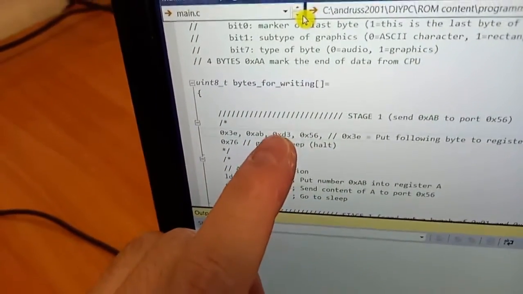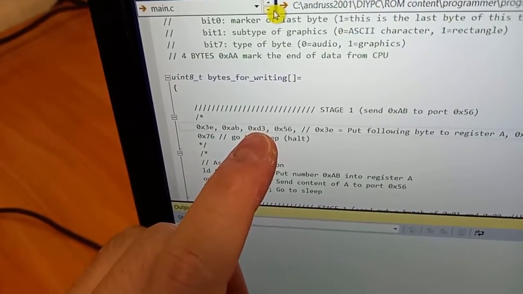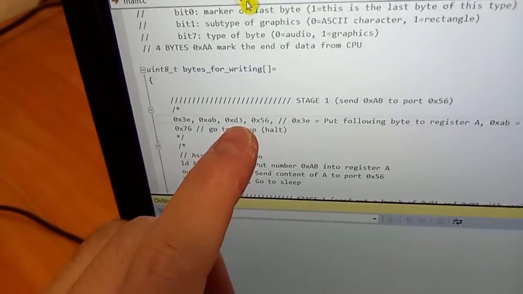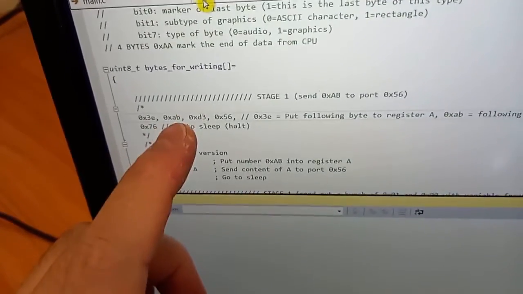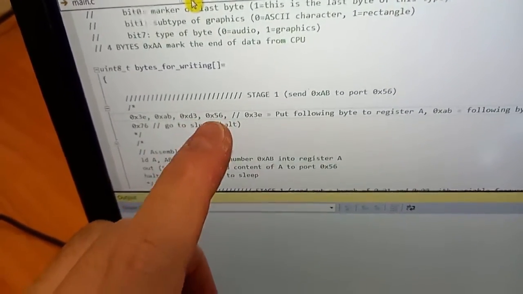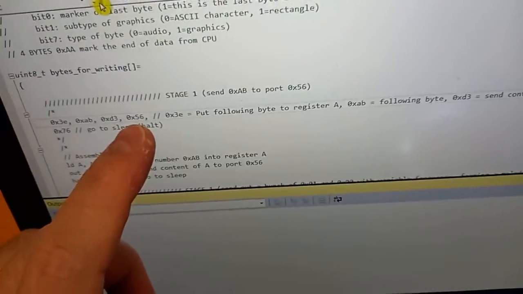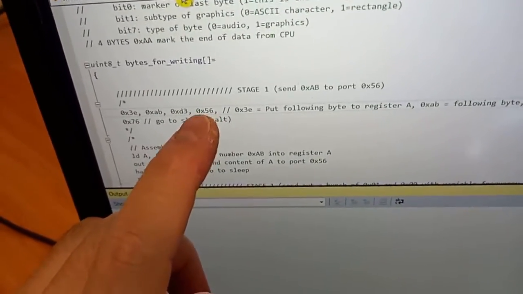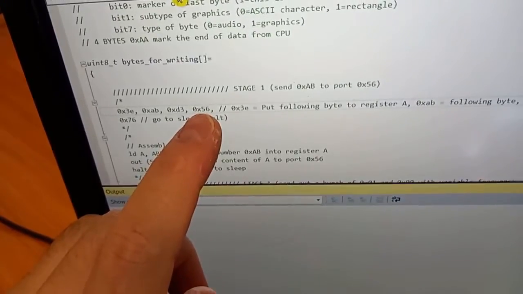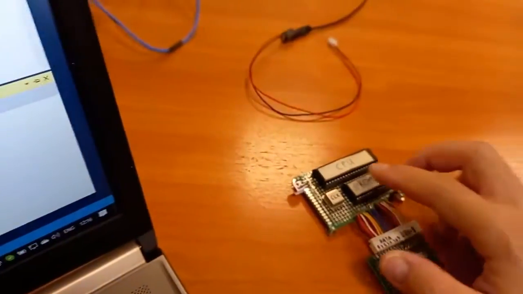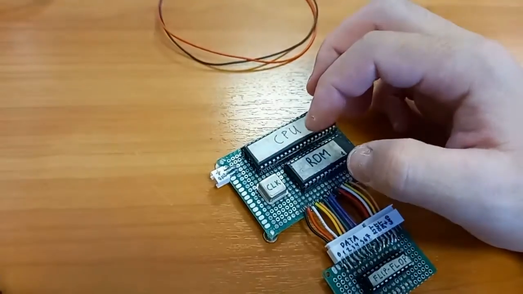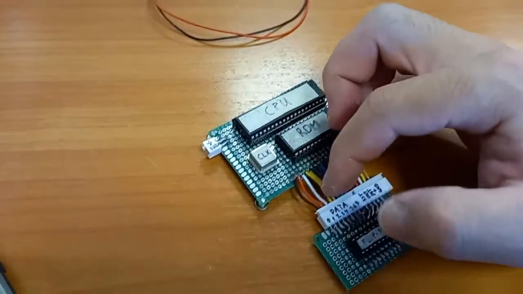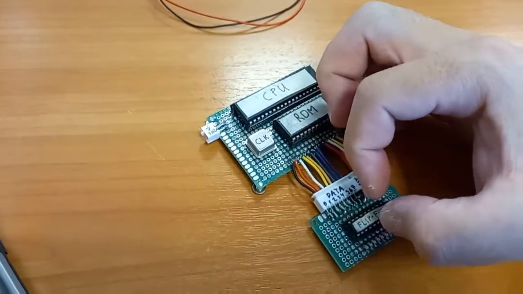The CPU did this, and the next instruction was output to the data bus the content of the register A, that is AB, and put to the address bus, that we didn't use anyway, the byte 56. So we had on the address bus byte 56 and on the data bus, which is connected to here, byte AB.